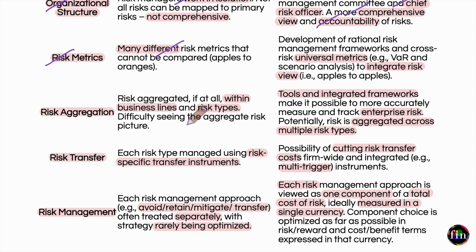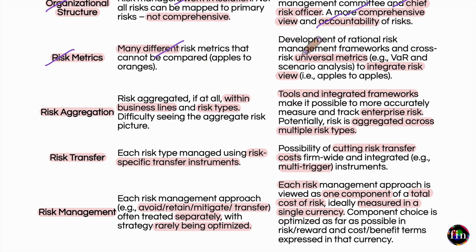You have specific risk metrics for different types of risks, and because you have so many types of risk metrics created specifically for different risk types, it becomes very difficult to actually compare and aggregate risk across risk types, because you will be aggregating apples and oranges.